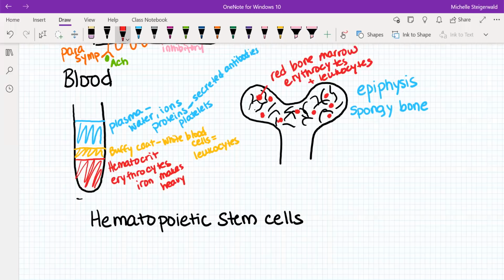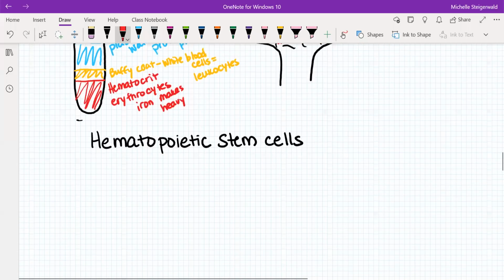Okay, so everything is coming from the bone marrow. Don't forget that. I know we talk about T cells maturing in the thymus. We talk about things being in the germinal region. We're going to talk about how we actually make the erythrocytes, but always remember they're always starting in the red bone marrow and moving from there.